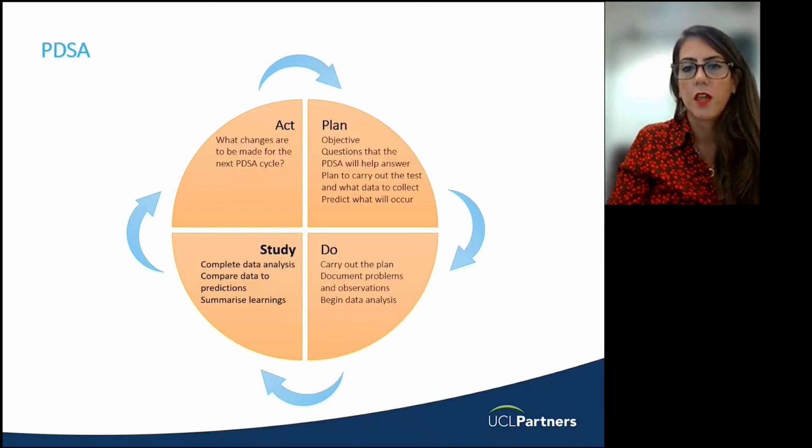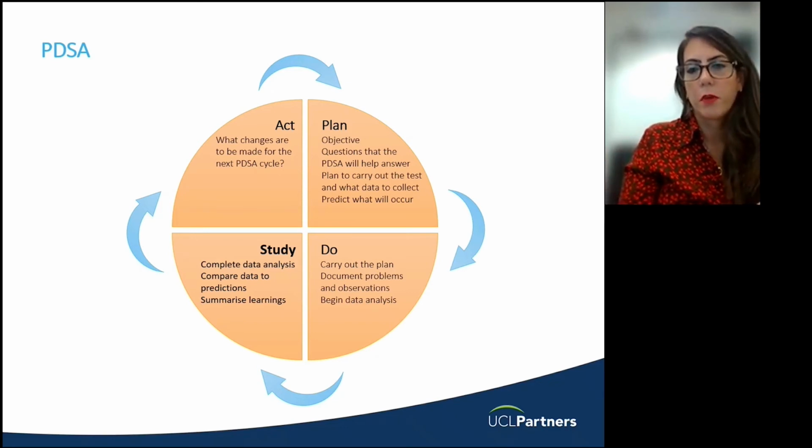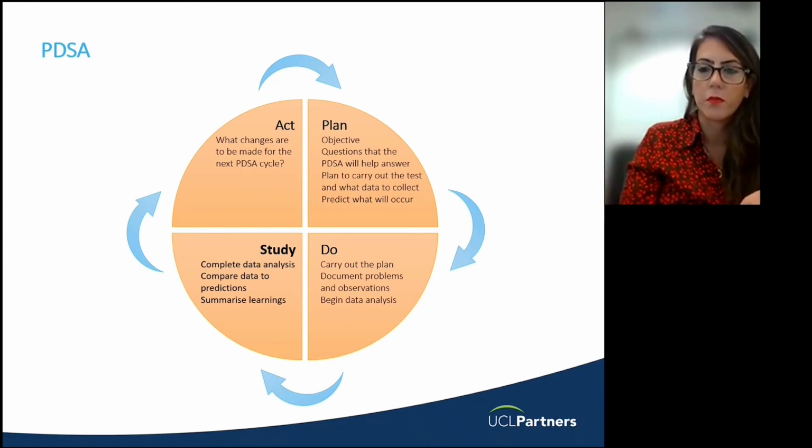So you need to have some objectives and to make sure that your PDSA cycles will actually answer what you're trying to do. So, for example, you might be saying, we're going to test out changing the referral process to make it electronic. So our objective is to implement some electronic referral process rather than a paper one. And if we do that, we predict that we might get an increase in the number of referrals rather than the bits of paper getting lost in the post.